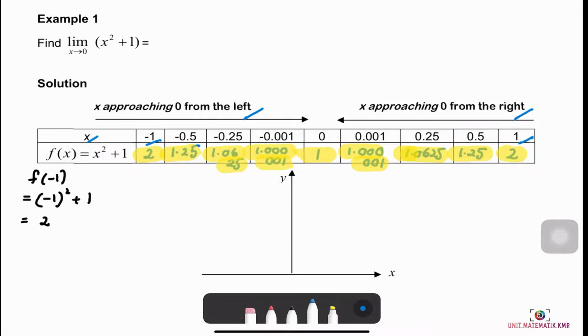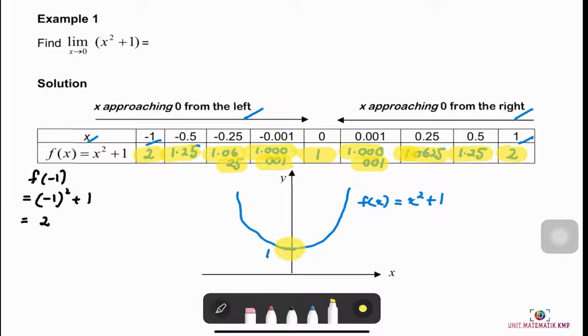What happens if we have a graph? We may have a graph something like this one. This one is a quadratic graph, where we have f(x) equals x squared plus 1. So what happened here, this one is 1.